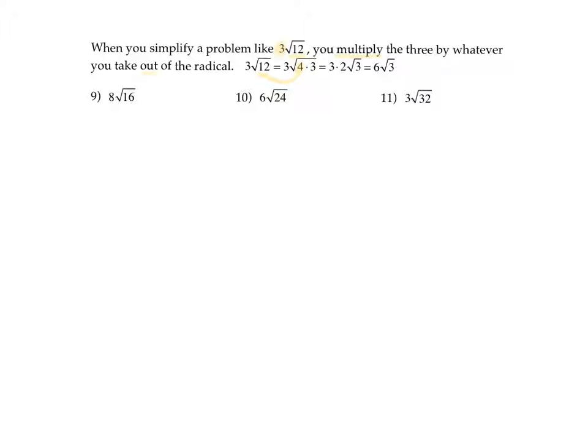So I've rewritten the 12 as 4 times 3. When I take the square root of 4, I get a 2, and it comes out in front, and notice that it gets multiplied by the 3 that was already out here. And that's because this is 3 times the square root of 12, so it's 3 times whatever you bring out of the square root of 12. And when you do 3 times 2, you get 6 square root of 3 for your final answer.